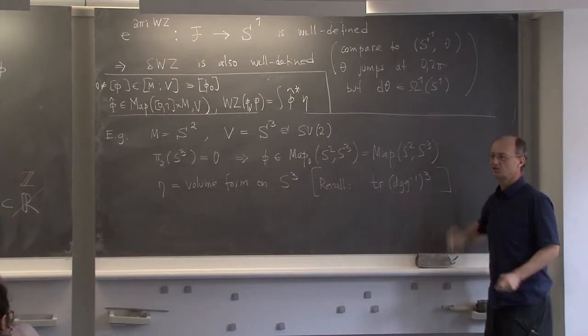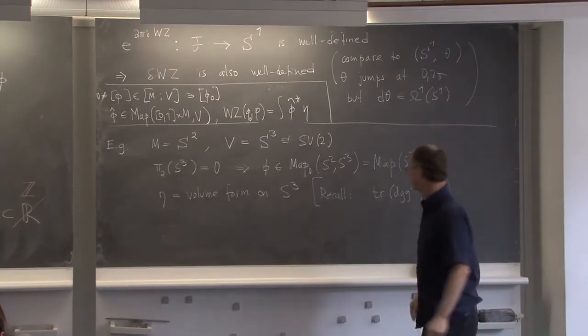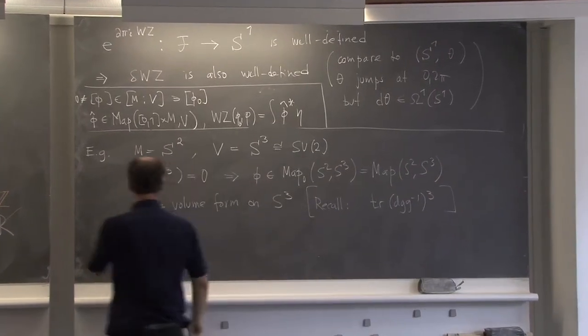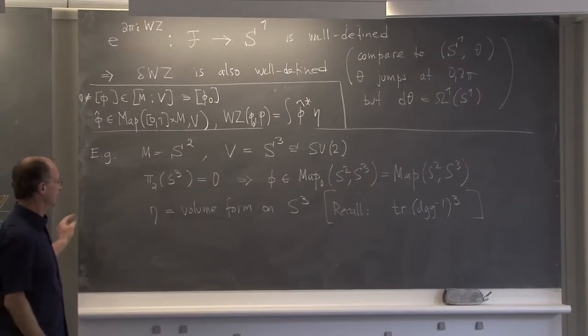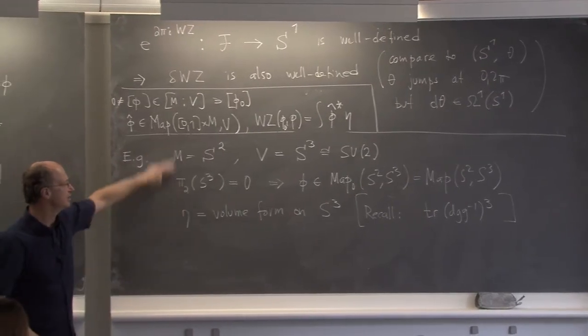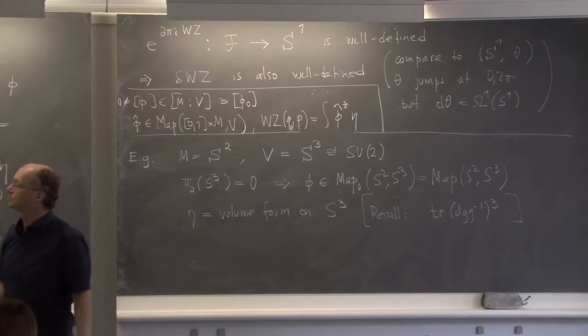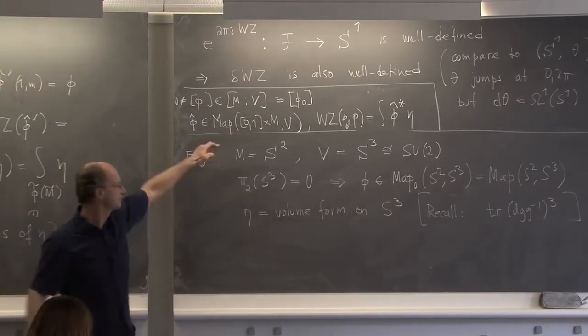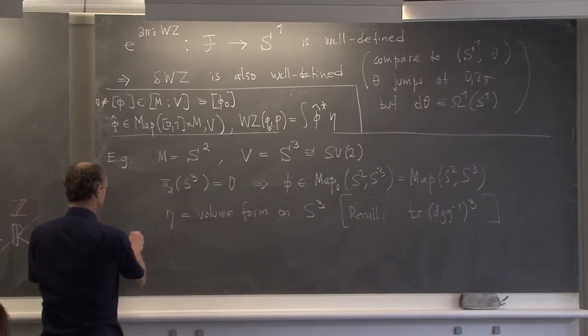So this is trace (dg g^-1)^3, written in matrix notation. And so this produces for us the data which are suitable for defining a Wess-Zumino term.